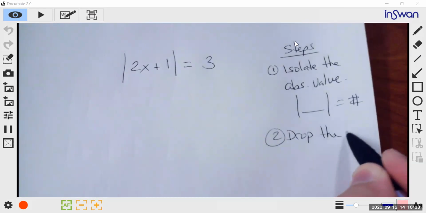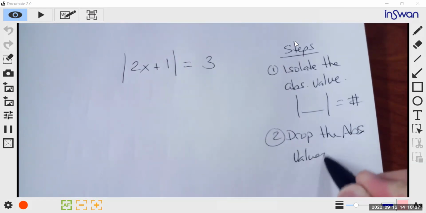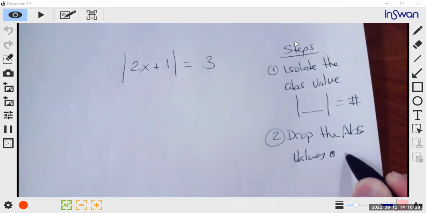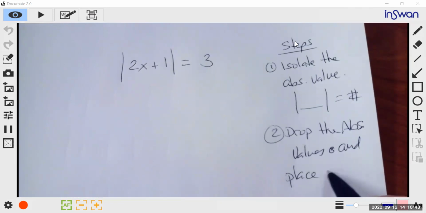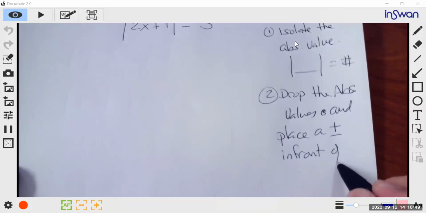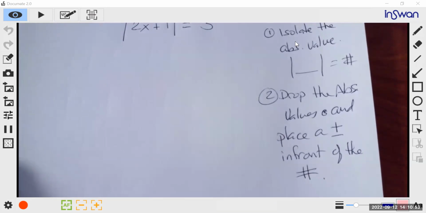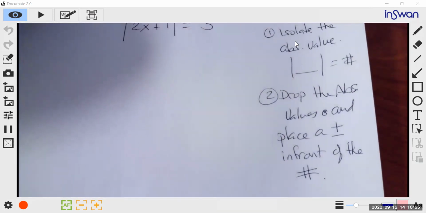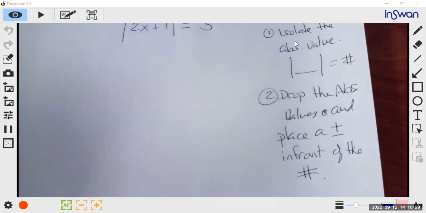Drop the absolute value and place a plus minus in front of the number. Because remember, absolute value of X equals 4.